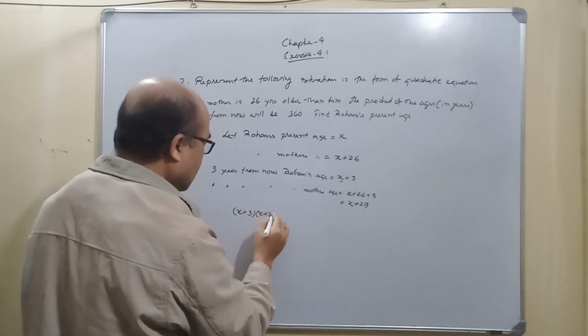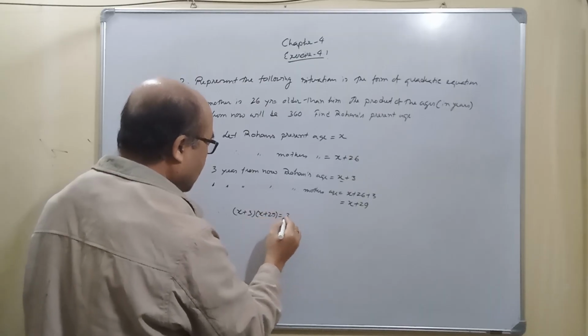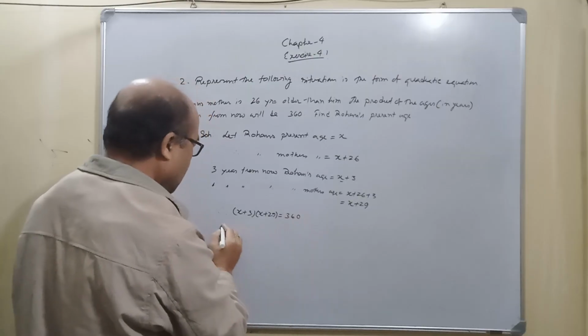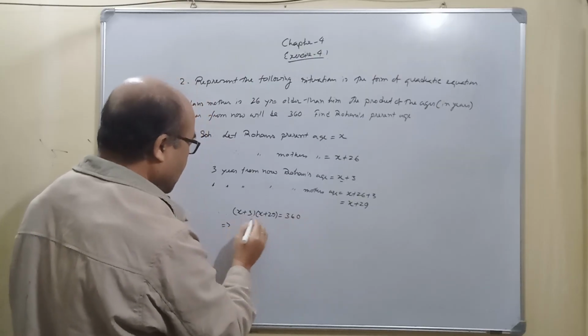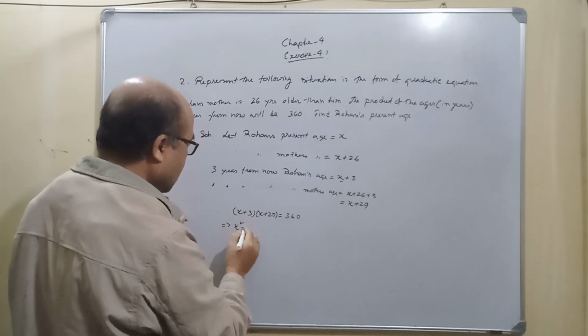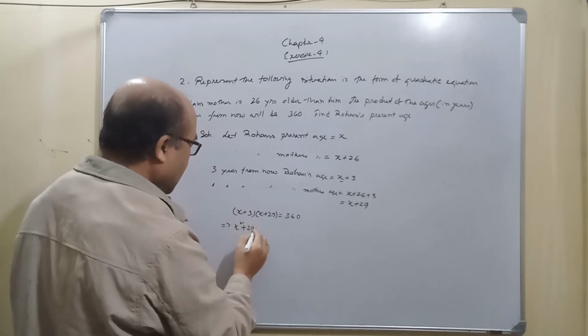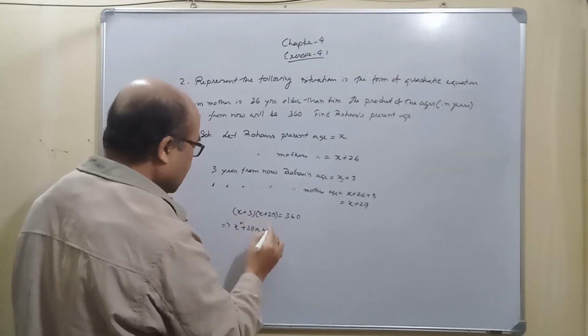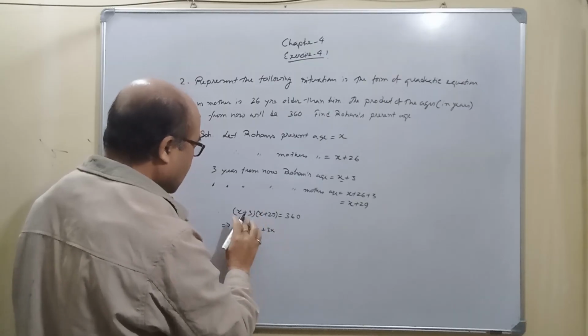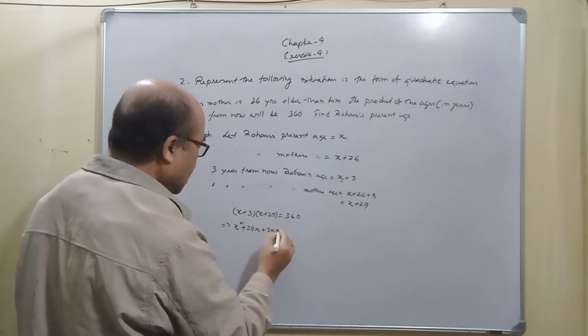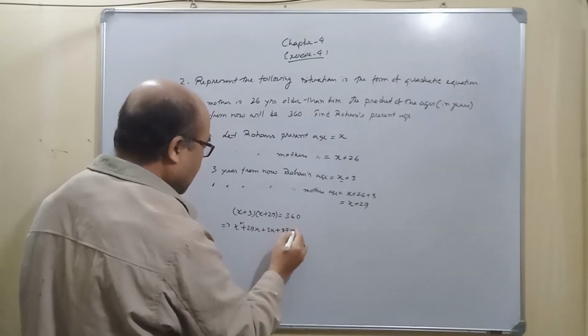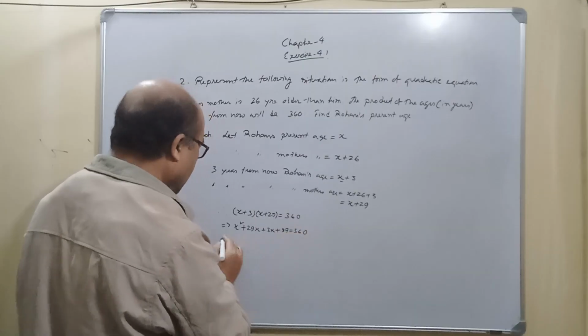Multiplying, x square plus 29x plus 3x plus 3 into 29, which is 87, is 360.